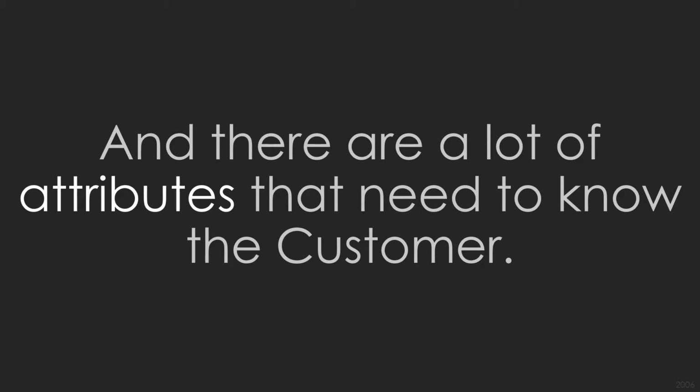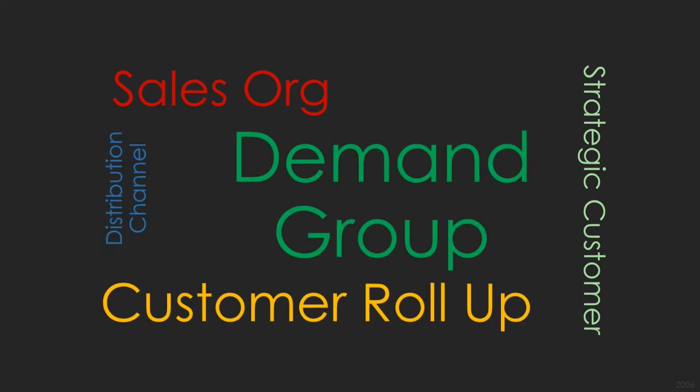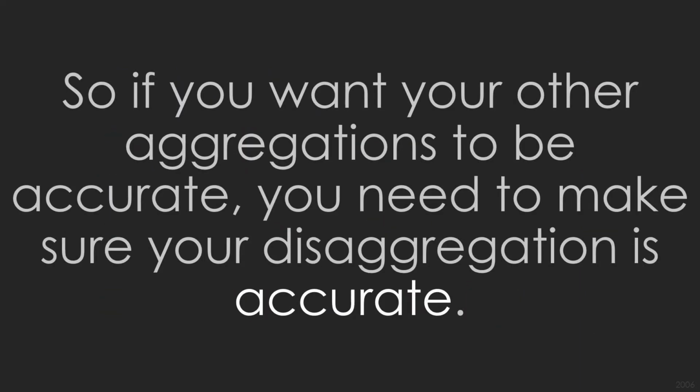And there are a lot of attributes that need to know the customer. So if you want your other aggregations to be accurate, you need to make sure your disaggregations are accurate.